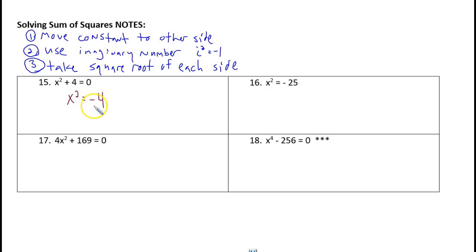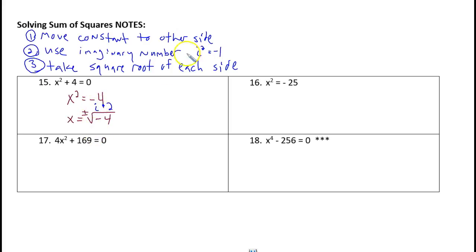After I subtract 4, I'm going to take the square root of each side. When I take the square root of x squared, I get x. Then I've got to deal with the positive or negative square root of negative 4. The square root of negative 1 is an i, and the square root of 4 is a 2.